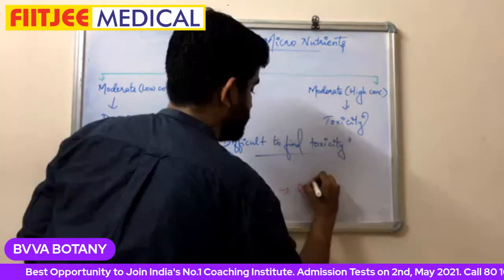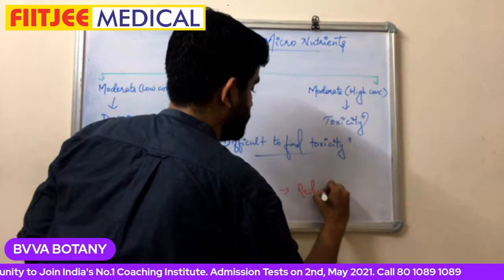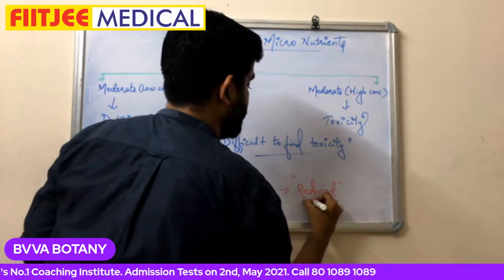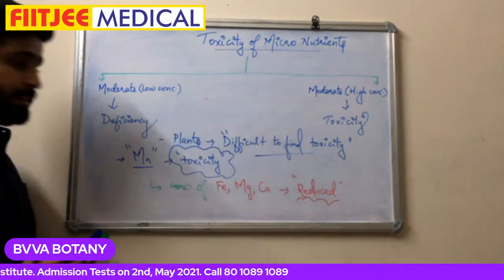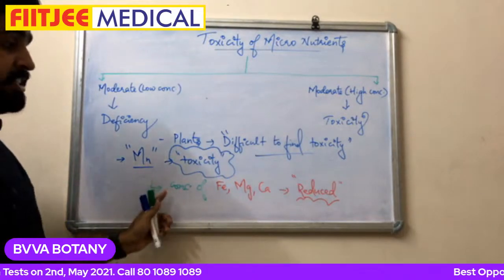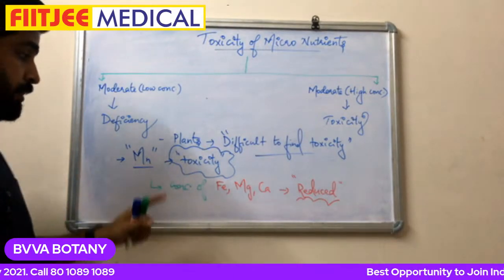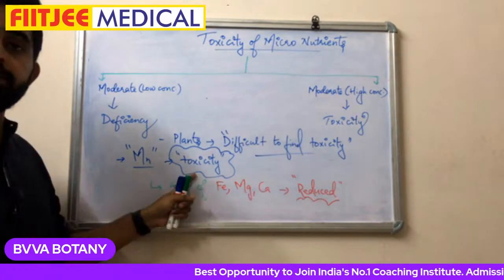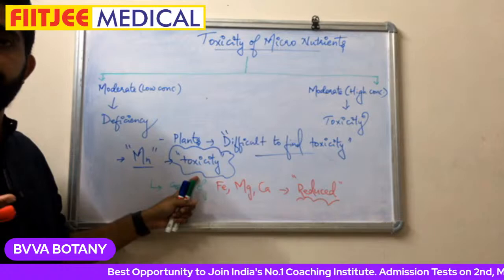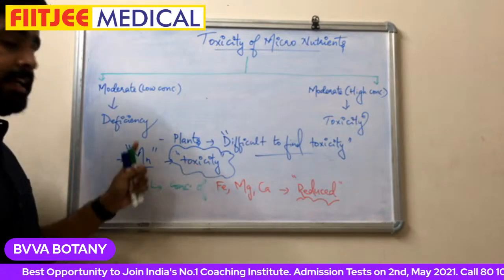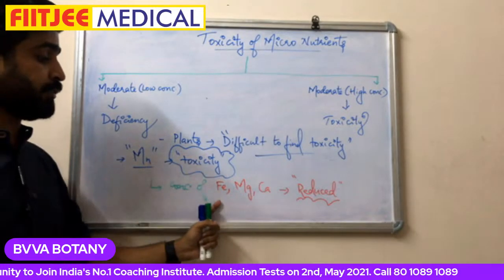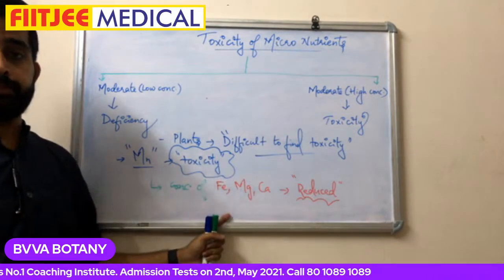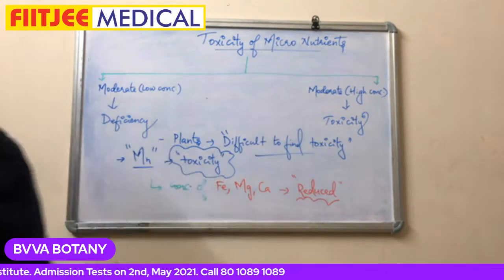It is reduced. So the toxicity of a micronutrient can cause deficiency of some other nutrients as well. More concentration of manganese can lead to lower concentration of what?